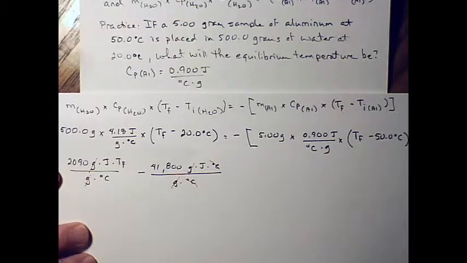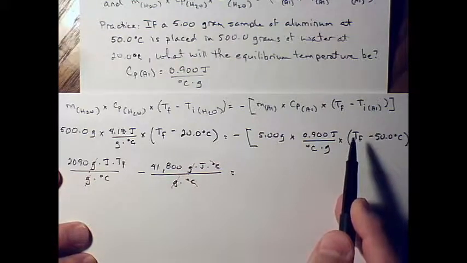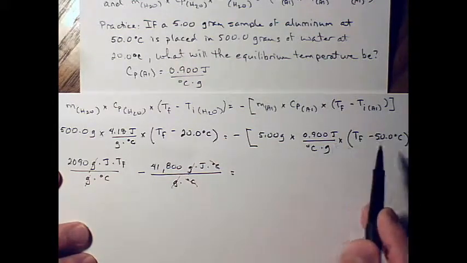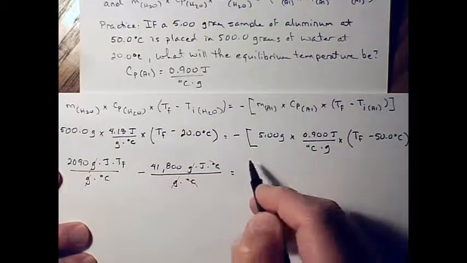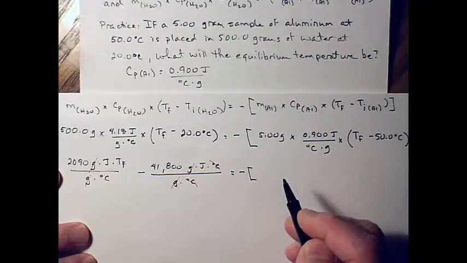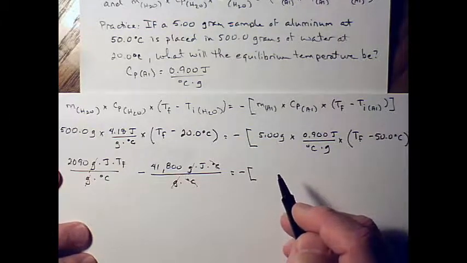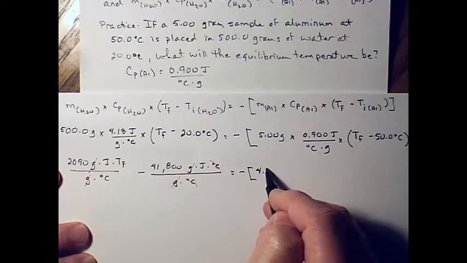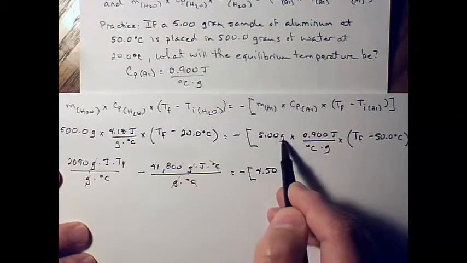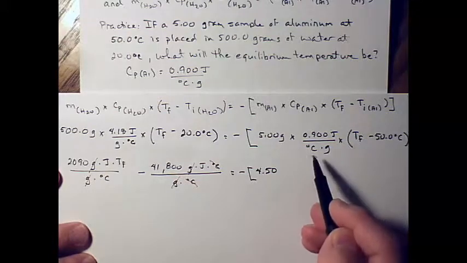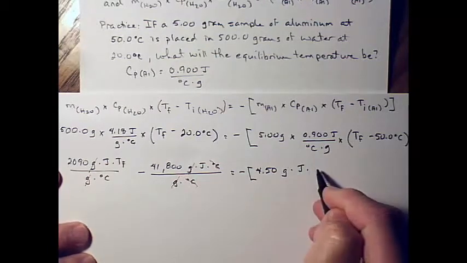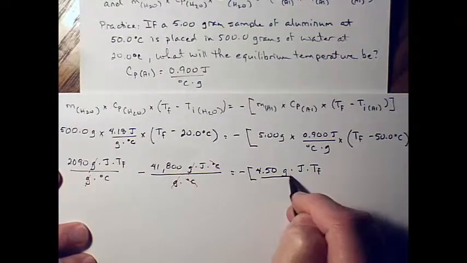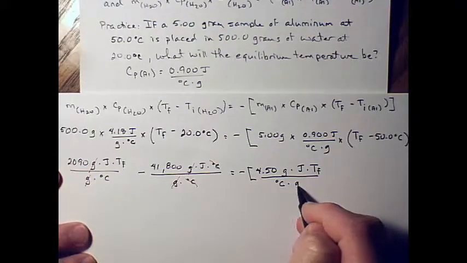All right? Let's go over to the other side of the equation now. This times this times this. Then minus this times this times this. So what's 5 times 0.900? 4.50. Alright, so the units we have are grams times joules times temperature final over degrees C times grams.